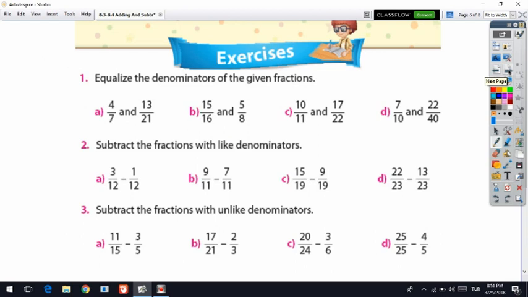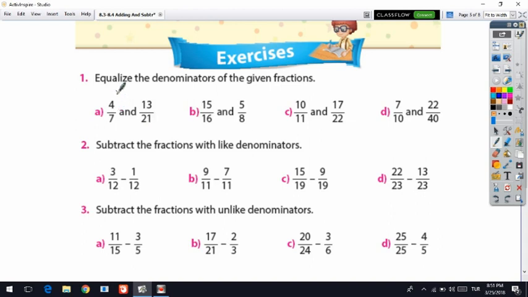Equalize the denominators of the given fractions. Equalize means, I will not solve, but I will talk about that. We have 4 over 7, 13 over 25. So they have unlike denominators. So we choose the fraction which has the smallest denominator, that is 4 over 7. After that, you have to multiply by 3, numerator and denominator, to get 21.